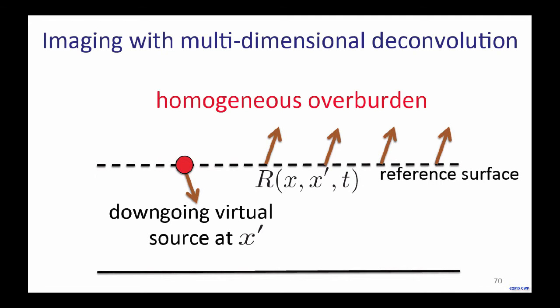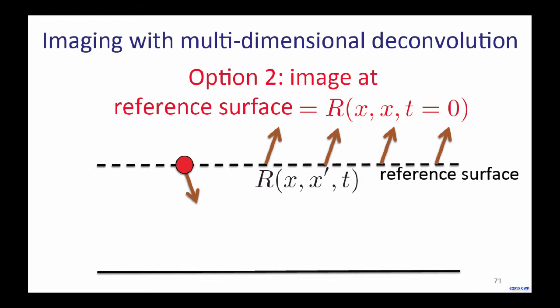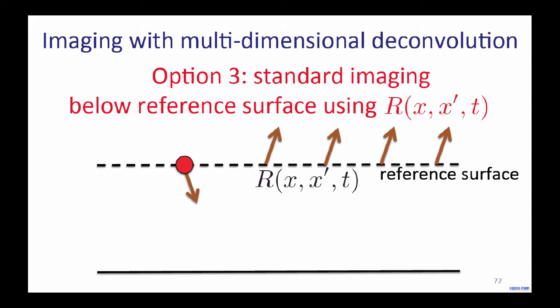So now you have that reflectivity, and now there is two ways to do imaging. The first is to say, well, let's set a point x equal to x prime and evaluate the result at t equals 0. That's basically, I get the reflectivity at my excitation point at time t equals 0. That should be the image. So that is one way to do it. The other way to do it is to say, well, I have my reflectivity now everywhere on this reference surface.